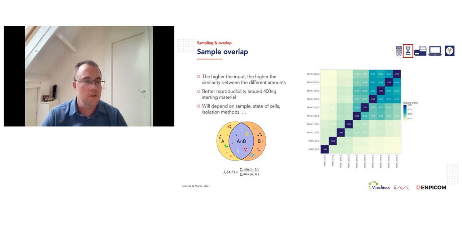And this means that the amount of starting material will definitely have a big impact on the overlap you find between your replicates. So this is good to remember. And we thought that for the best reproducibility in our hands, with our assay, about 400 nanograms would be appropriate. This is also about the same amount that gives a good UMI to read ratio.